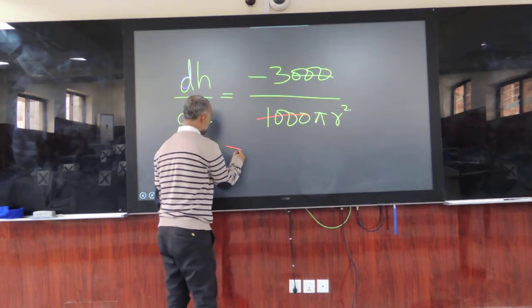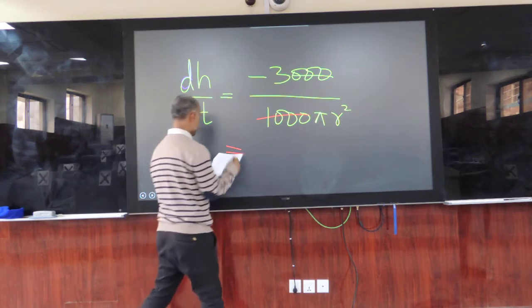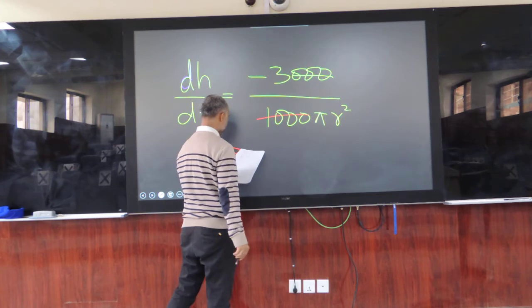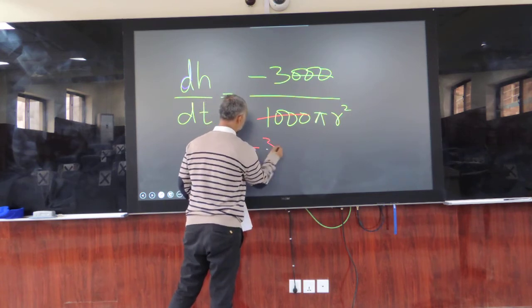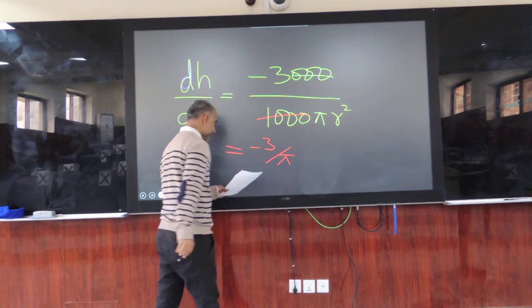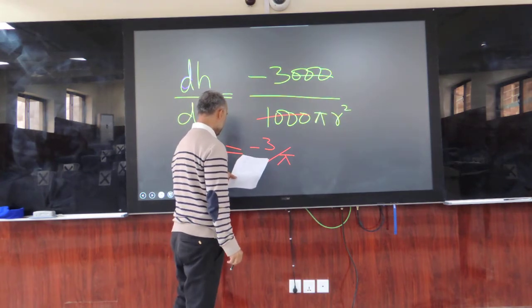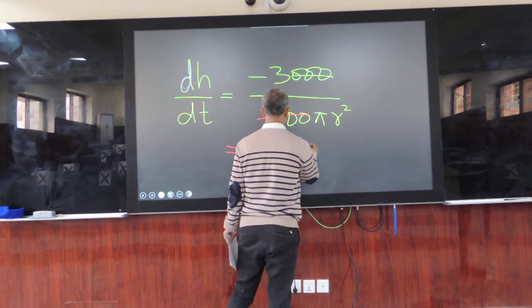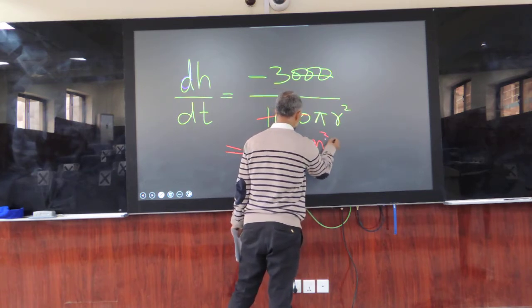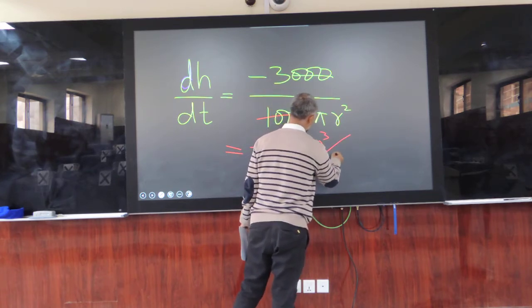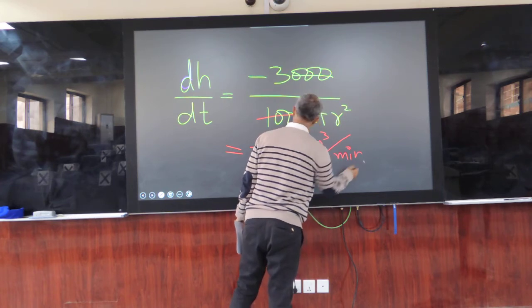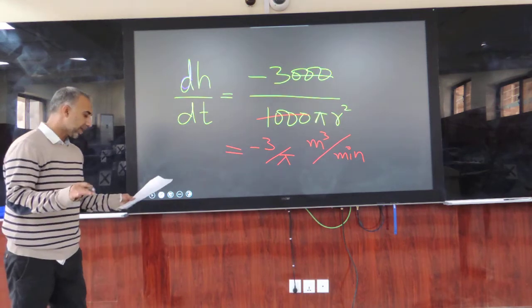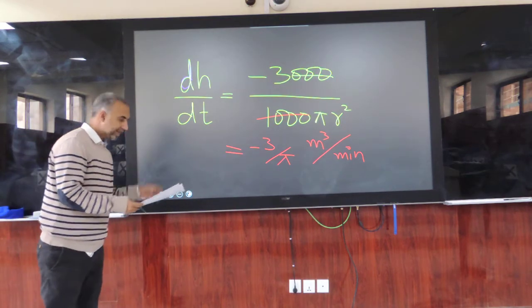So your answer is minus 3 over pi, in cubic meters per minute. Furthermore, you can also transform this how-rapidly value into centimeters or whatever, it's up to you.